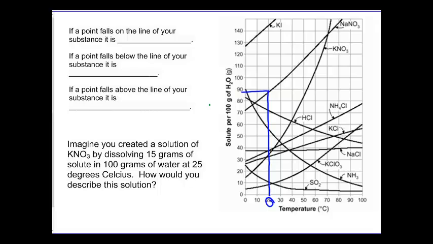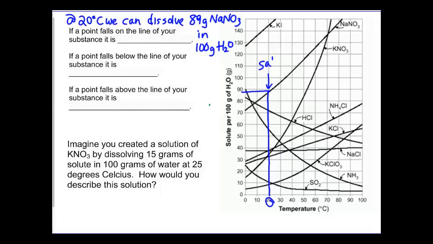At 20 degrees, we can dissolve a maximum of, what would you say that is? About 89? 89 grams of NaNO3, but that's in 100 grams of water. That point right there, that's a saturated solution.